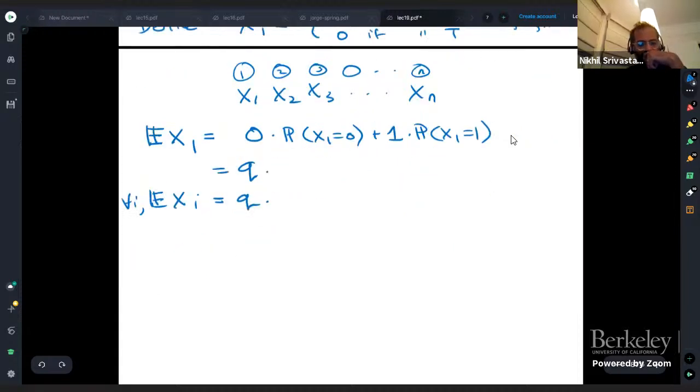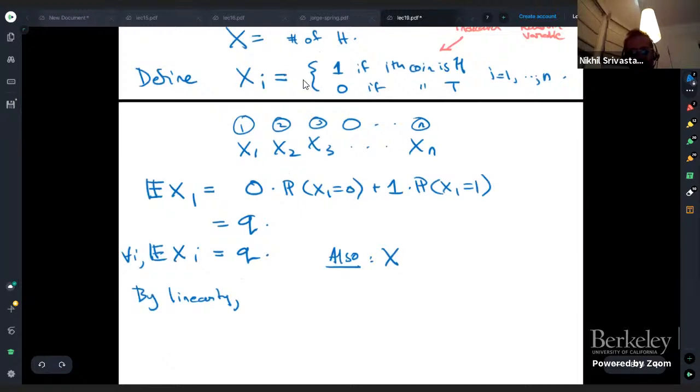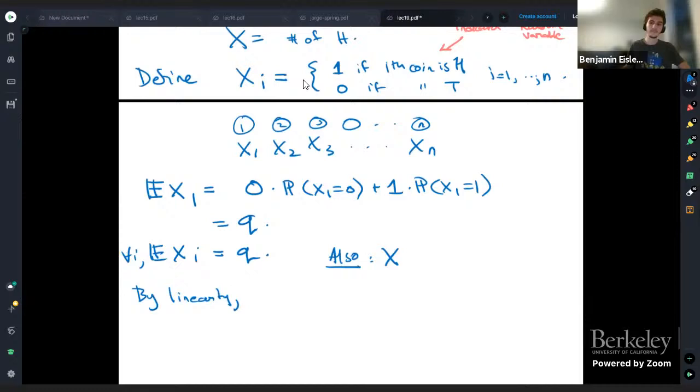So by linearity, well, okay, there's one more fact also. The thing I'm interested in, the total number of heads, how is it related to the Xi? It's the sum of all the Xi. You get a 1 for every head.